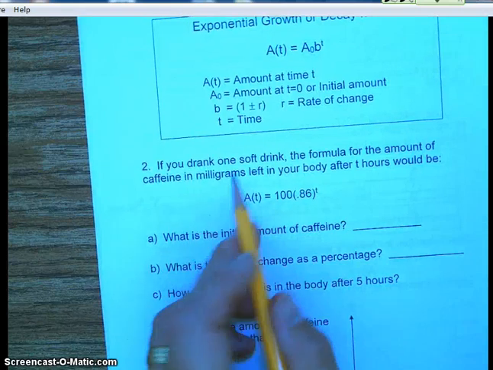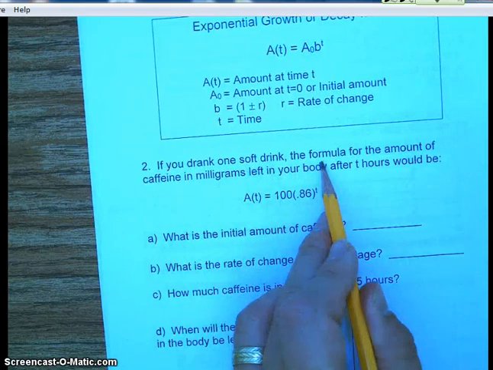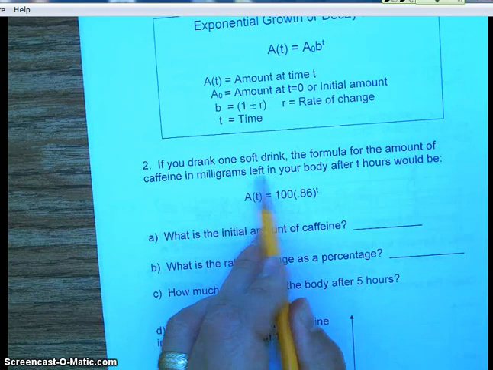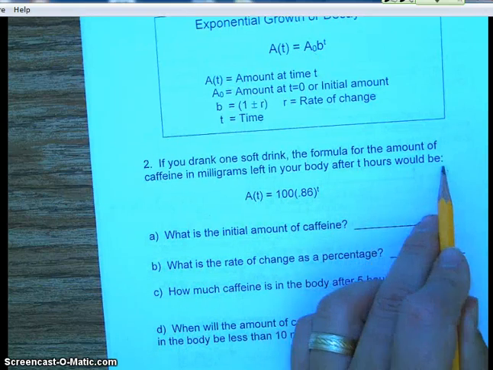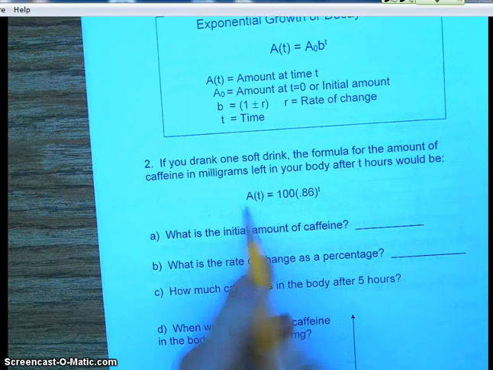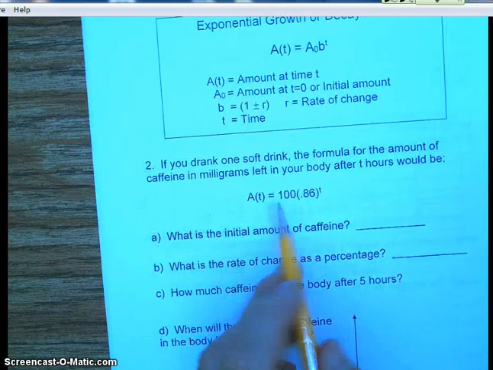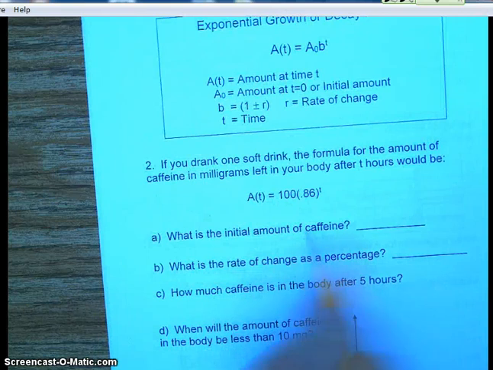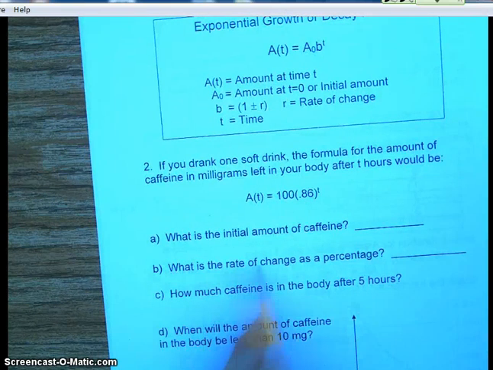Let's take a look at number 2. If you drank 1 soft drink, the formula for the amount of caffeine in milligrams left in your body after 2 hours would be this. So, we have an initial amount of what? What is the rate of change as a percent?